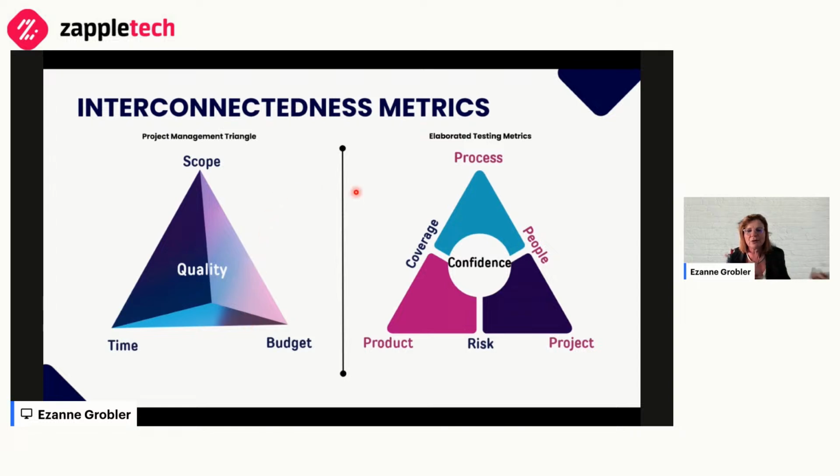So I started with the alignment of your process, your product, and your project metrics. ISTQB nowadays elaborate, and they talk about people metrics as well. But what we've actually realized is coverage should be a metric on its own. Risk should be a metric on its own.